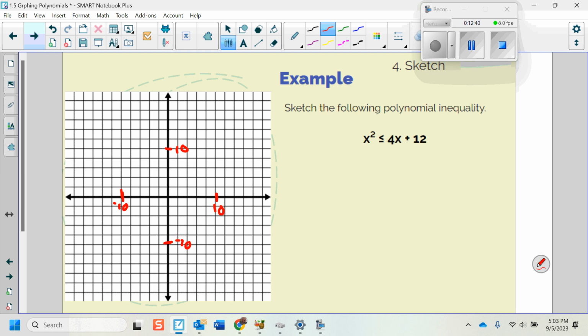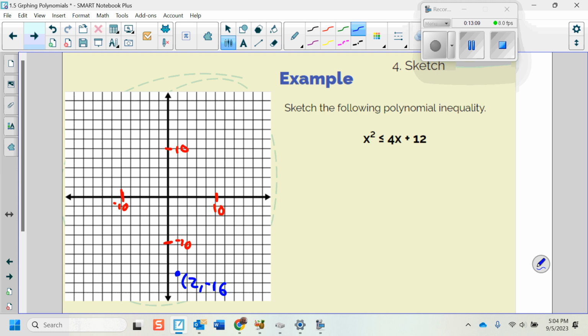And that allows me now to use what we just had there as my vertex being at 2, negative 16. That's 2, 10, 12, 14, 16. That's going to be right there. It's going to be my vertex at 2, negative 16.